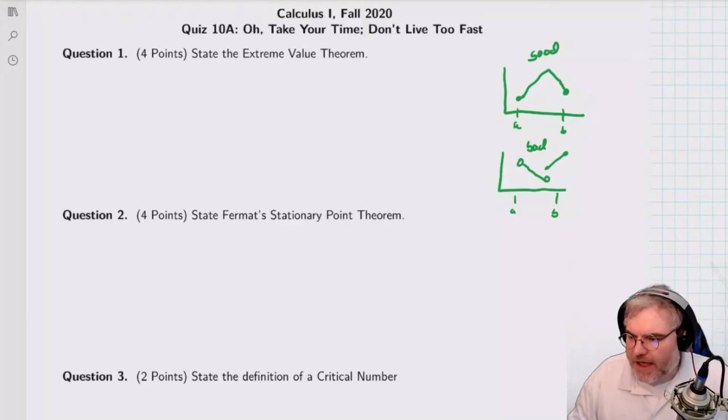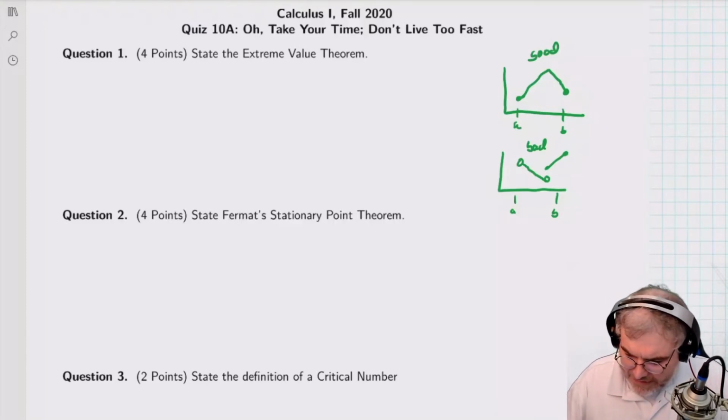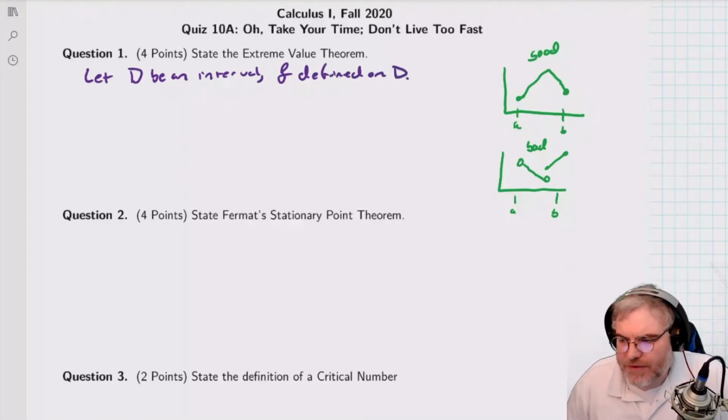And so what I do is that I go, okay, so I have this idea of good and I have this idea of bad. And then all of the preambles are about the same. So I say, okay, let D be an interval, F defined on D. Now, you could use A, B, you can use all of those things.